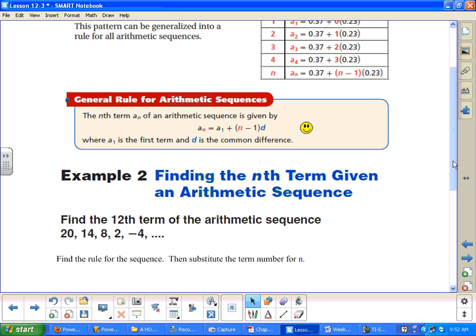So a sub 1 is the first term, d is the common difference. If I simplify that, I basically have y equals mx plus b. Since it's linear, it's really going to look just like our slope-intercept form when we're done simplifying.